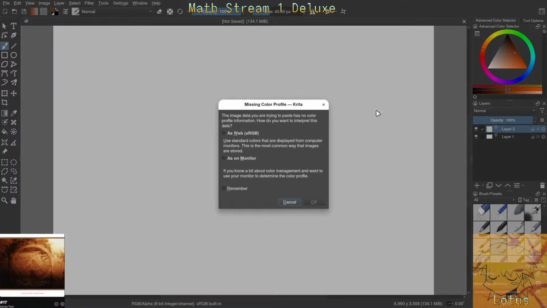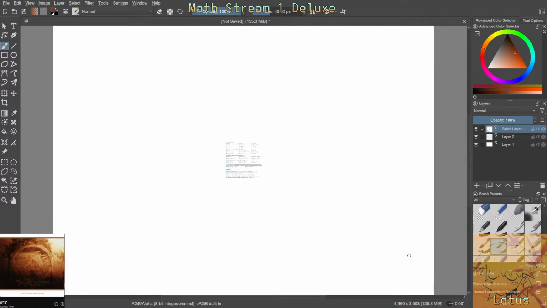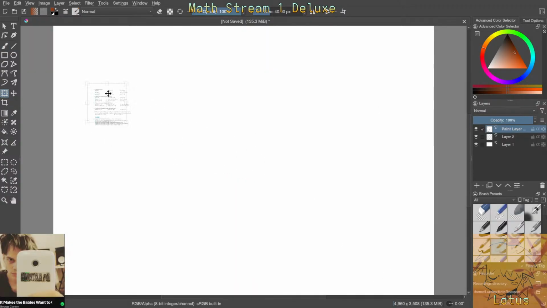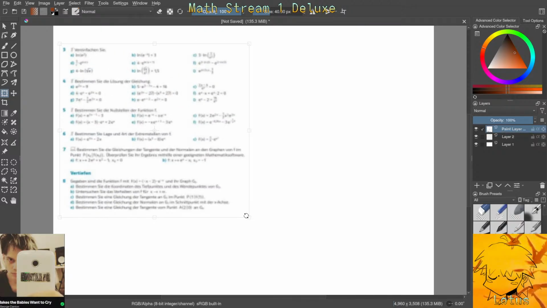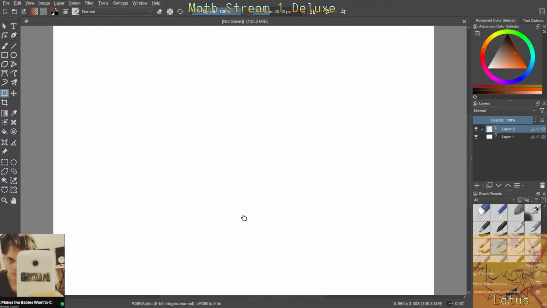I can insert it right. Why is it so low quality?